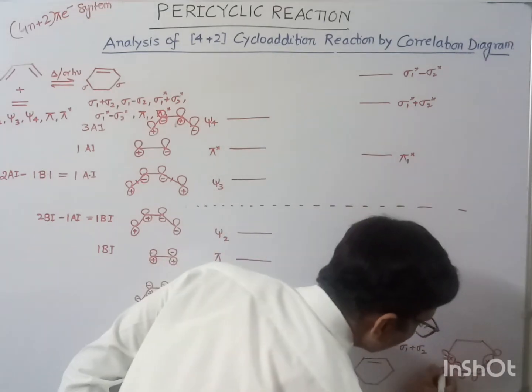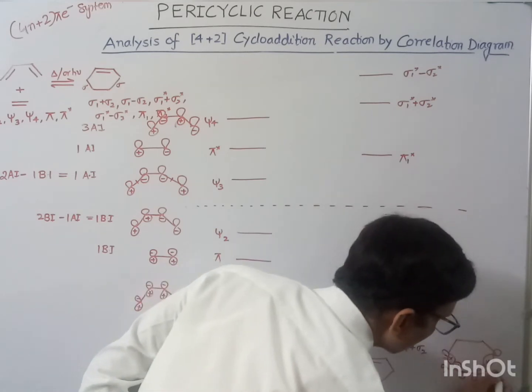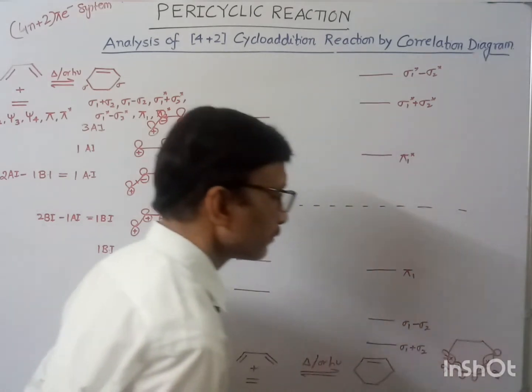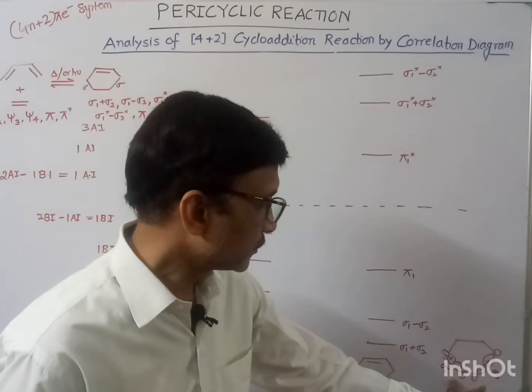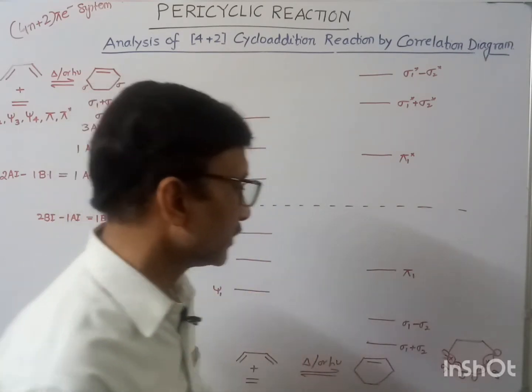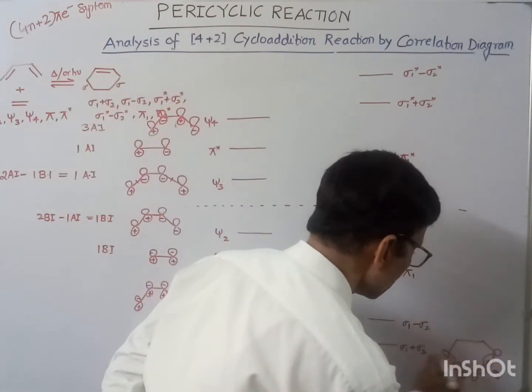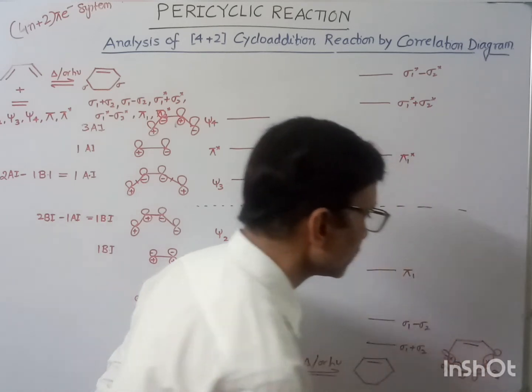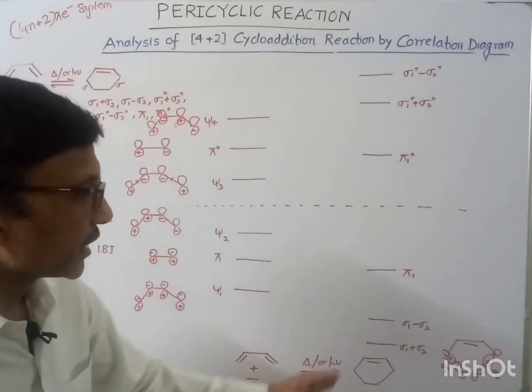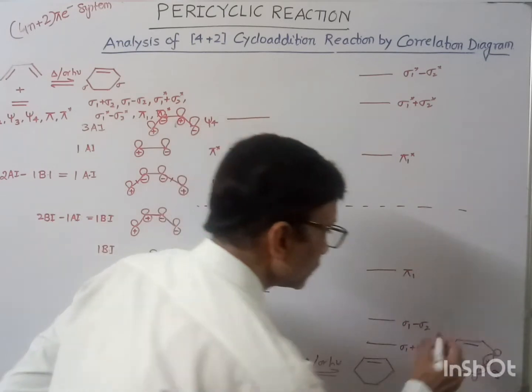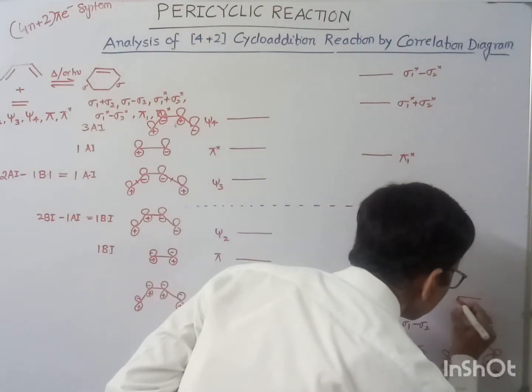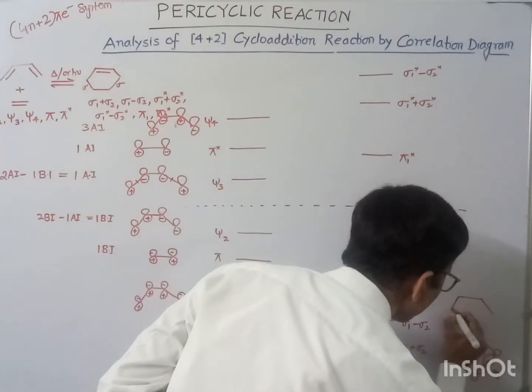So this is our sigma 1 and this is sigma 2. So sigma 1 plus sigma 2, and if you want to draw one of this pi bond over here, then we may draw the pi bond. Whereas if we want to draw this one, then this may be drawn.